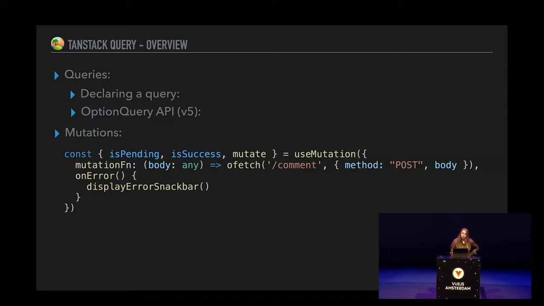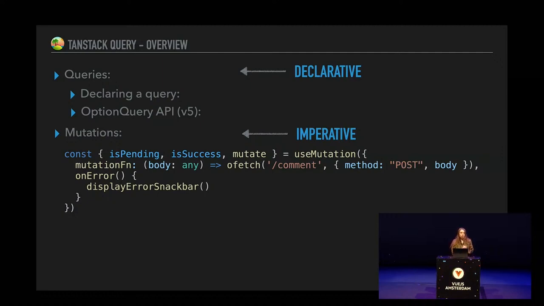There is an important difference between these two, which is that queries are declarative, whereas mutations are imperative. What I mean with that is that queries will be mostly run automatically by TanStack Query, whereas mutations will be triggered by us. That's exactly what we want.